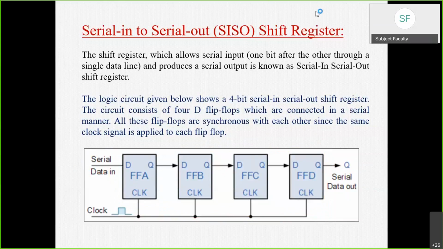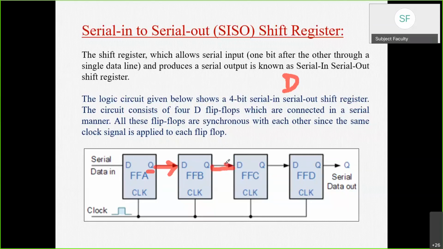Now if you again observe this particular diagram, you can observe the output of the first flip-flop, flip-flop A. The output of the first flip-flop, that is Q, is directly connected to the input D of the second flip-flop. We know D flip-flop, right? We have already seen the working of D flip-flop. Here we are using 4 D flip-flops. The output of the first D flip-flop is given as the input to the second D flip-flop.